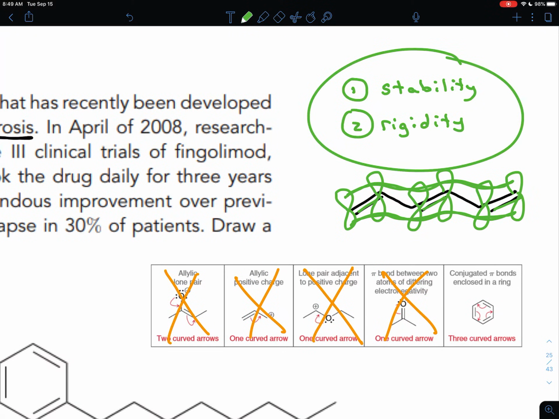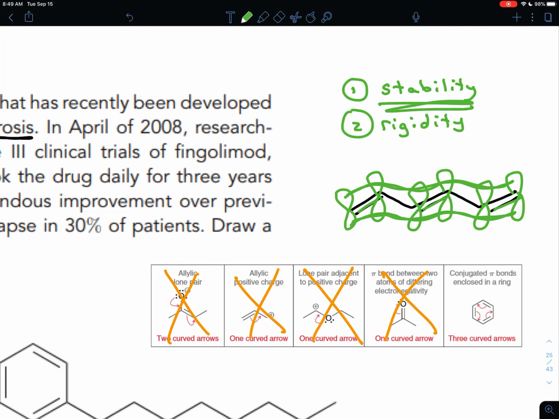And these are essential features for messenger molecules. If a molecule has to be made in one place and then travel across a body and communicate a message in a far different biological place, it can't be very reactive as it travels from the place where it's made to the place where it's communicating the message. So it needs to be stable. Resonance helps with that.